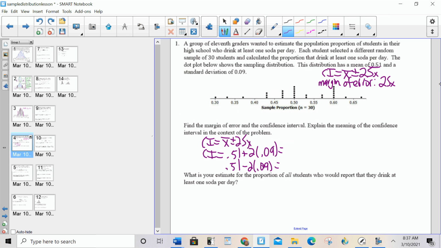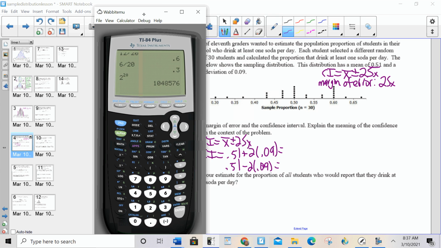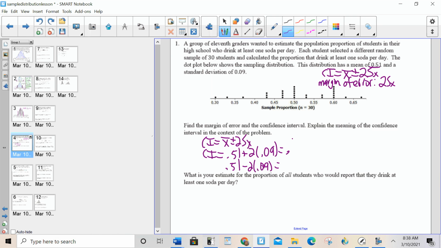So let's go to our calculator and do 0.51 plus 2 times 0.09, and 0.51 minus 2 times 0.09. That gives 0.69 and 0.33.